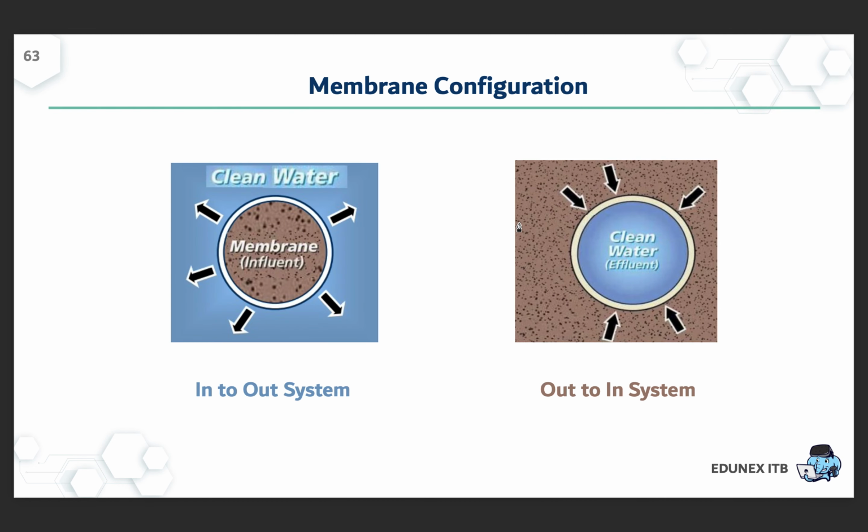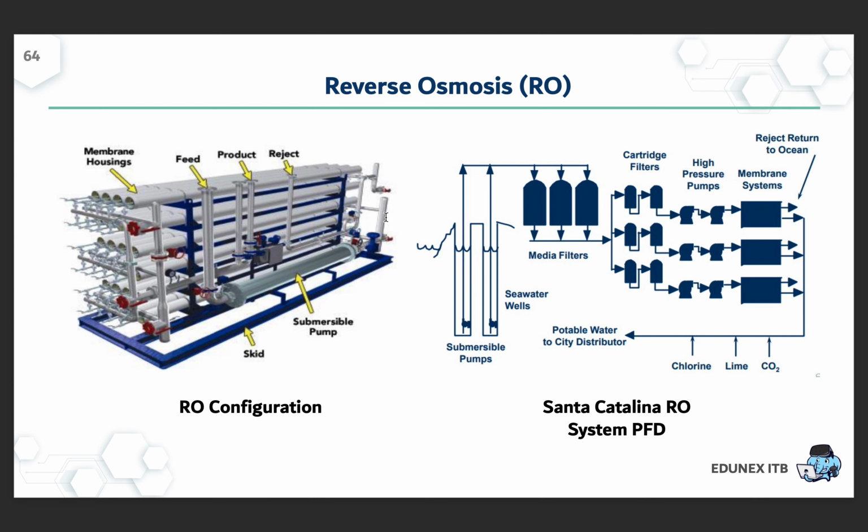This is the membrane configuration. No need to talk much about this. This is the RO system. The RO system is mostly used in the Middle East to treat seawater into potable water, because it can remove almost all the ions in seawater.